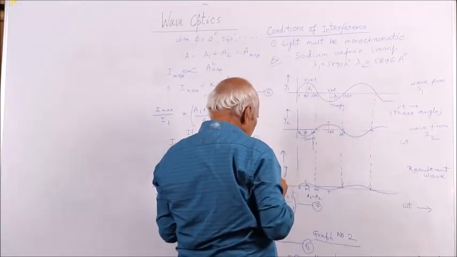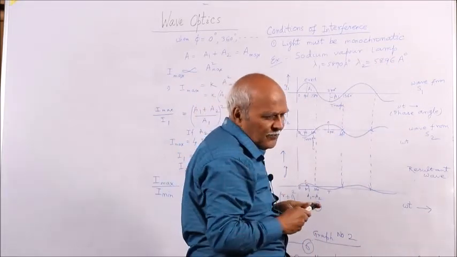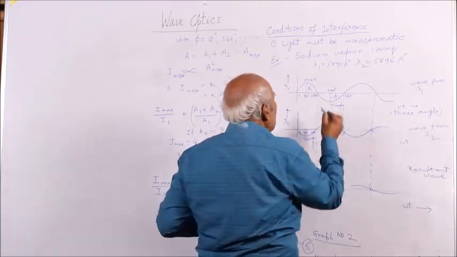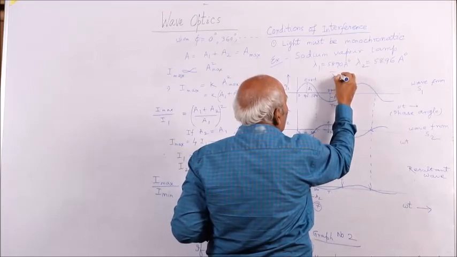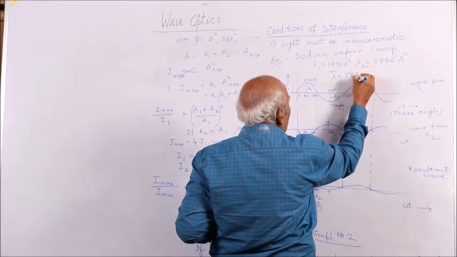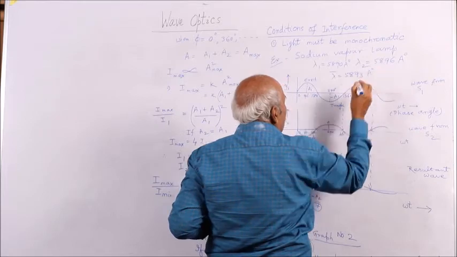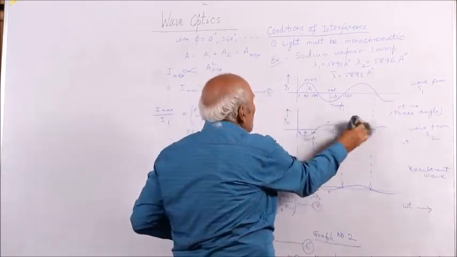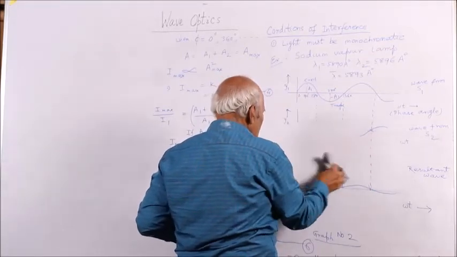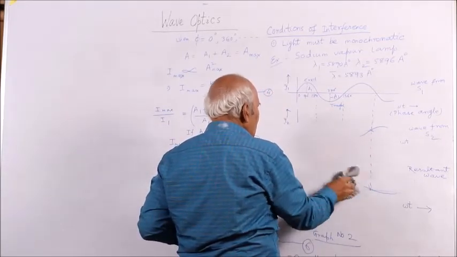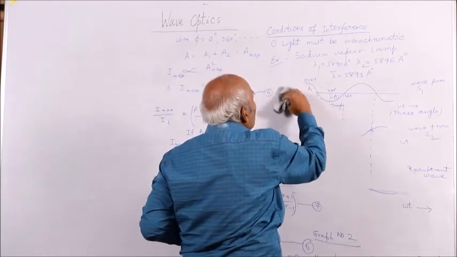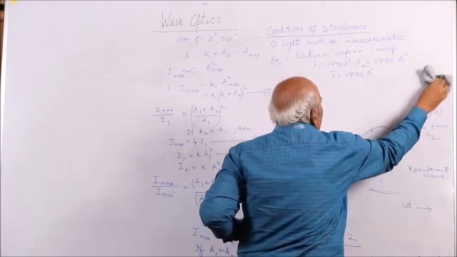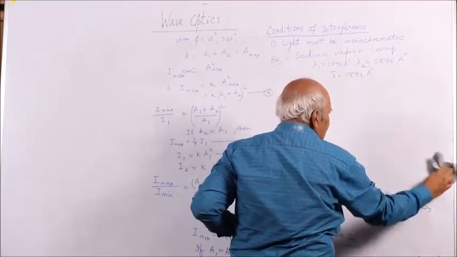So, the difference is only 6 angstrom. Therefore, the average of these two, lambda bar, is 5893 angstrom, and that is almost monochromatic. So, for all scientific research and experiments, this sodium vapor lamp is used. That satisfies the monochromatic condition necessary for interference.